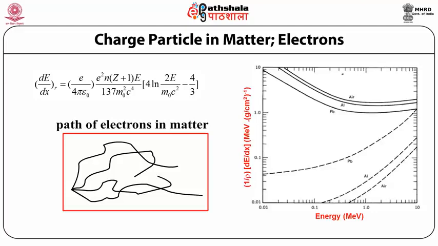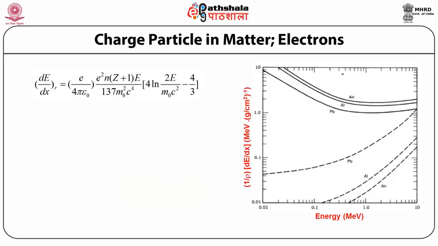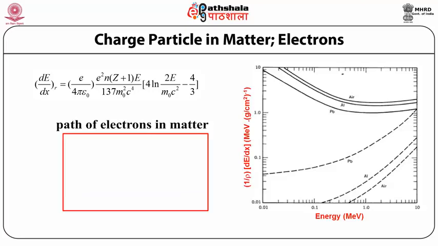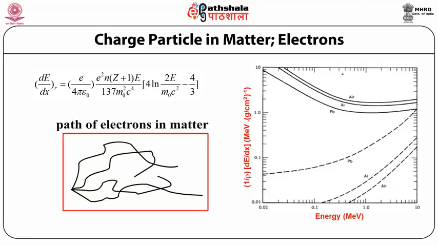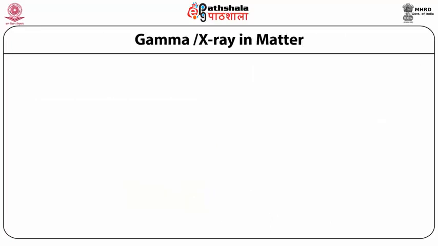Here you can see in the picture that the collision energy loss is less in case of lead, but more in case of air, whereas the radiation energy loss is more for lead, but less for air, and they both vary as a function of electron energy.